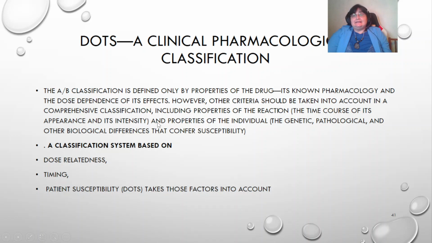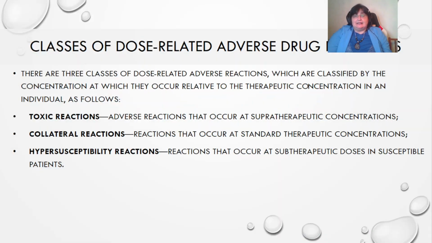DoTS is a clinical pharmacology classification. Again, it is a system based on dose relatedness, timing, and patient susceptibility that takes those factors into account. Classes of dose-related adverse reaction. There are three classes of dose-related adverse reaction, which are classified by the concentration at which they occur relative to the therapeutic concentration in an individual, as follows.